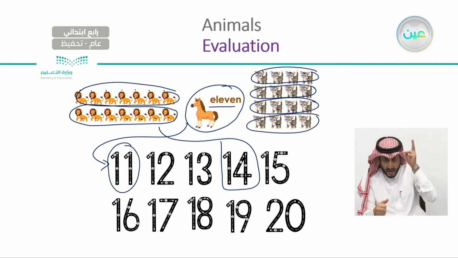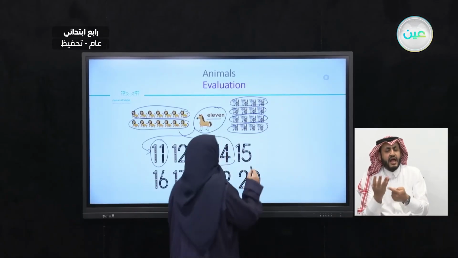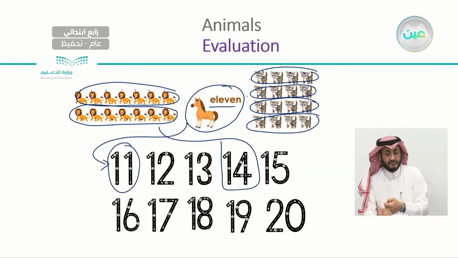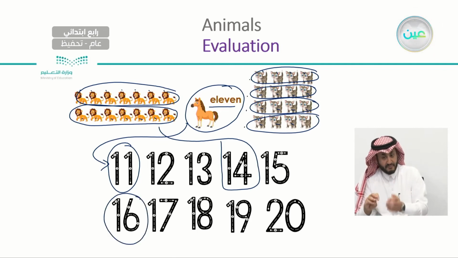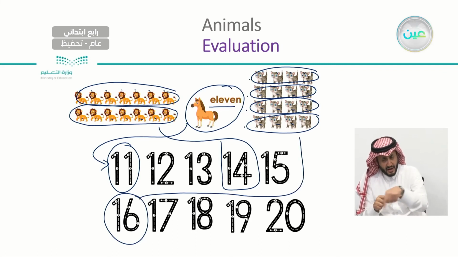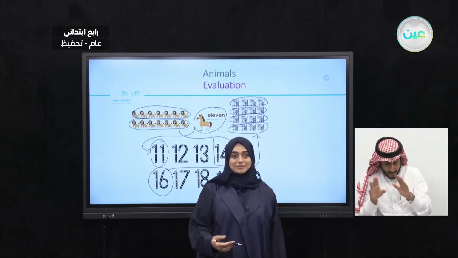We have 16 cats. How many 4s do we have? We have 1, 2, 3, 4. Interesting. Where's number 16? It's after 15. Excellent. So we draw a line from 16 to the cats. Clear? Are you getting used to counting? Okay.